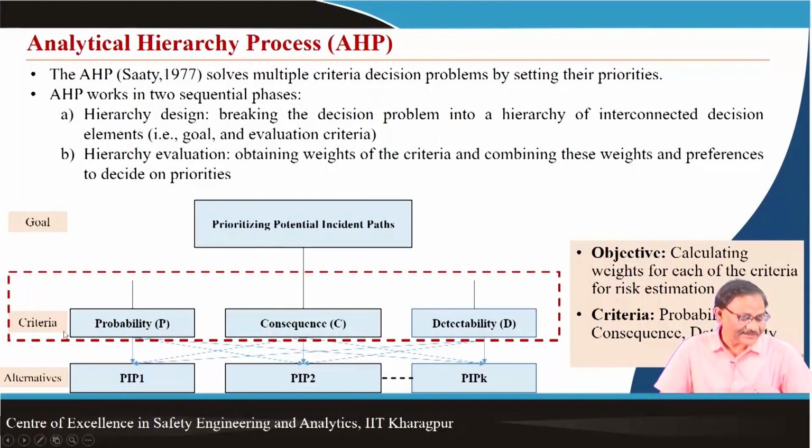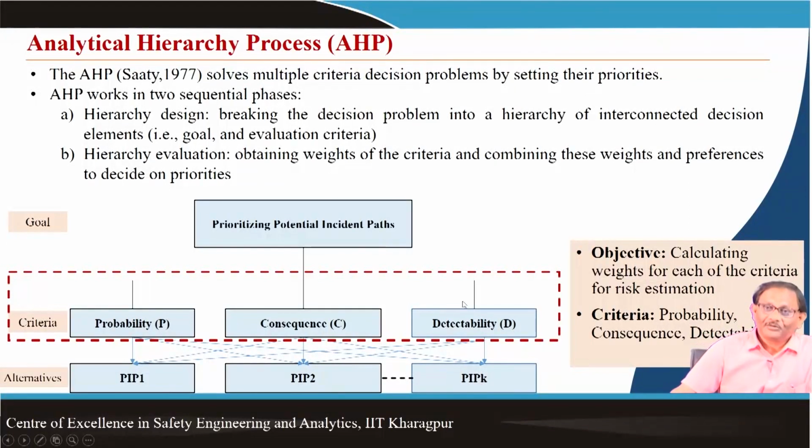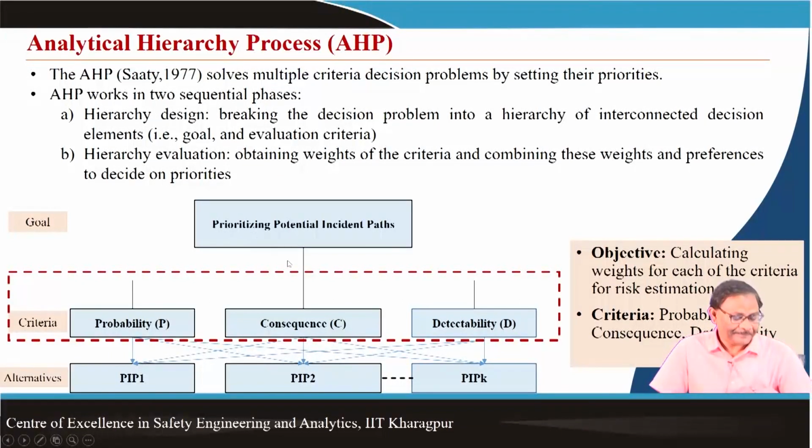Using three parameters, probability, consequence and detectability, we want to find this out. So we have created the criteria: probability, consequence and detectability, P, C and D. This is well used in failure mode and effect analysis, where RPN is computed based on P, C and D. For every alternative or potential incident path, there is a potential probability of failure, consequence and detectability. If I know these, then based on these criteria, can I say which path is more prominent?